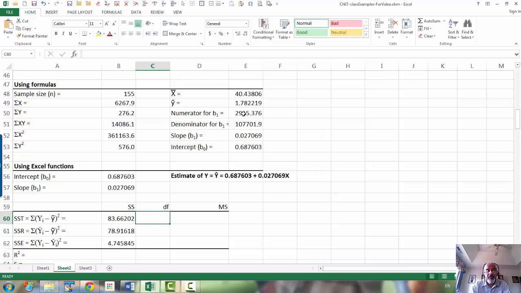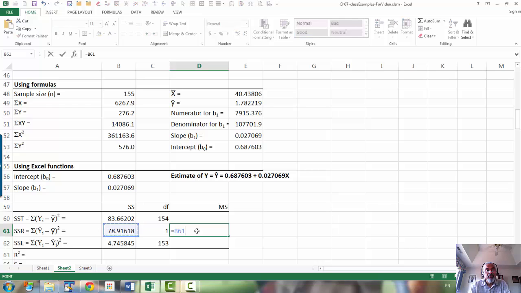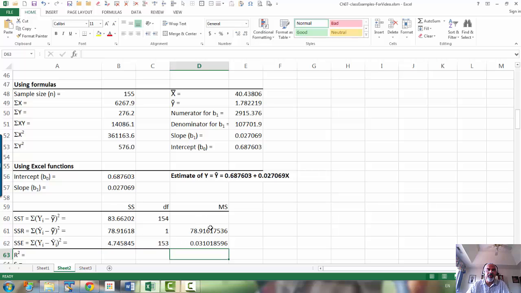Degrees of freedom is n minus 1 for total, 1 for SSR, and n minus 2 for SSE. Sum of squares divided by the degrees of freedom will give us the mean square. We don't have to compute that for the total.